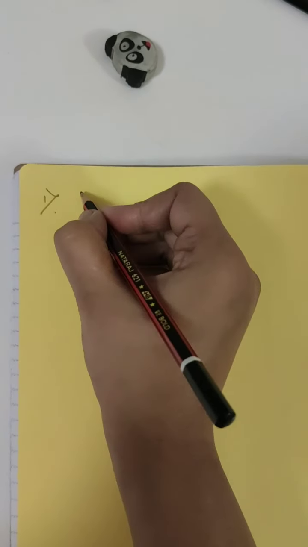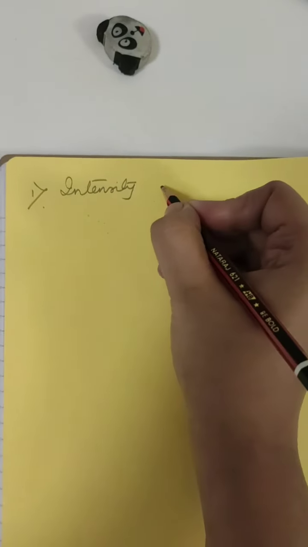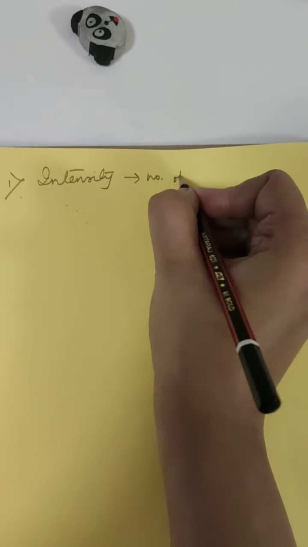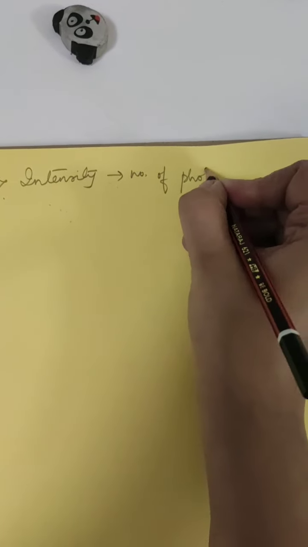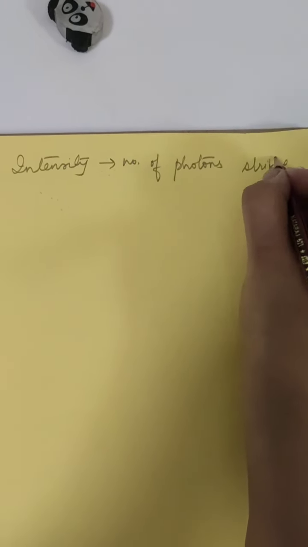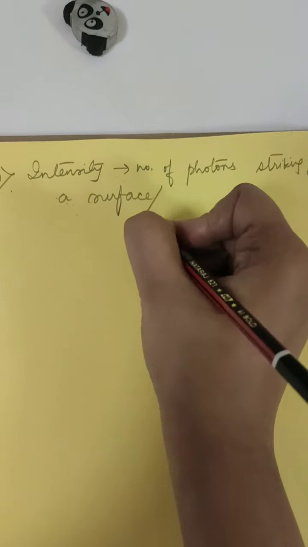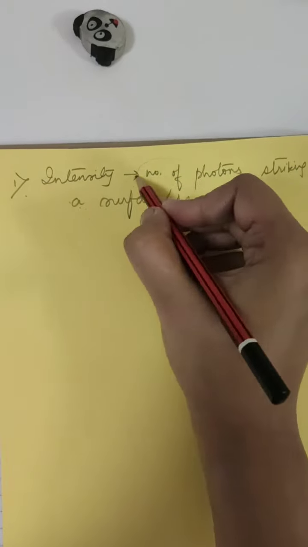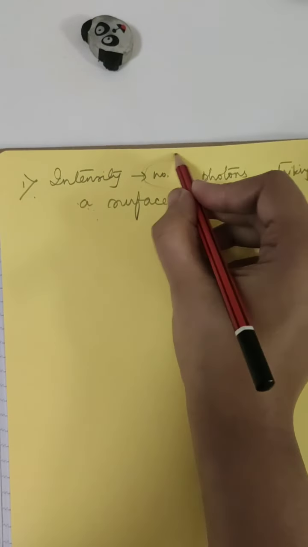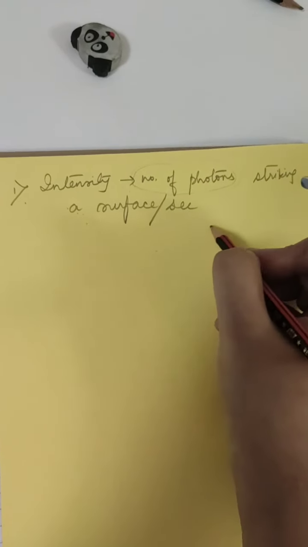Intensity means the number of photons striking a surface per second. So if the number of photons increases, the number of electrons coming out will increase.